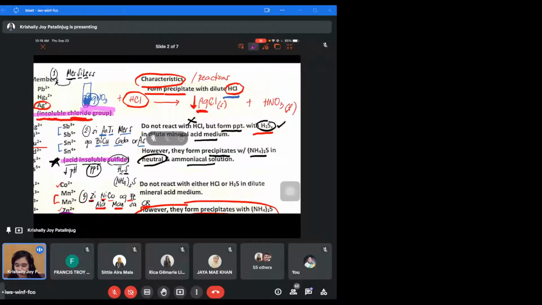So, silver nitrate, saan siya magre-react? Sa HCl. So, predict the product. The product is silver chloride plus HNO3. So, nitric acid yung byproduct. So, this is the whole complete equation. Ito yung equation na hinihingi sa inyong activity.